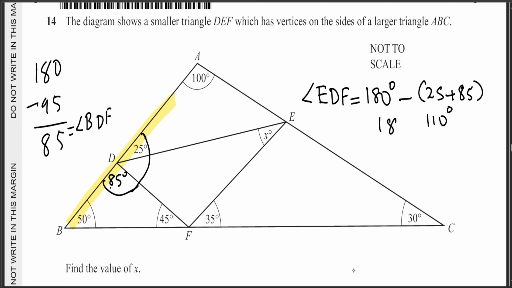So 180 minus 110 is going to give you 70. So angle EDF is equal to 70 degrees. Okay, so that angle is 70 degrees here.